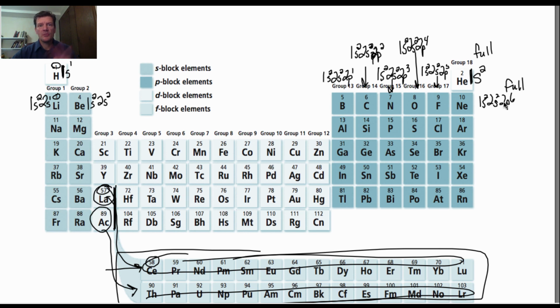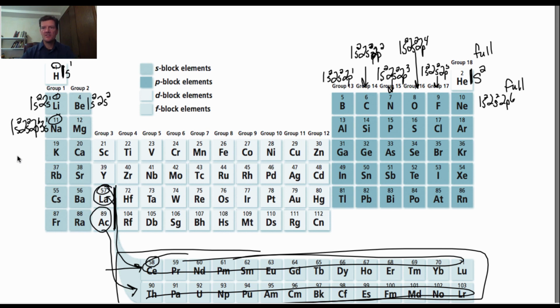P orbitals, there are 3 of them, 2 in each, can hold a maximum of 6, so now it's full. And in the second energy level, it only has s and p. So what is it going to do now when we have 11 electrons? It's going to have to go to the next energy level. 1s2, 2s2, 2p6, 3s1.